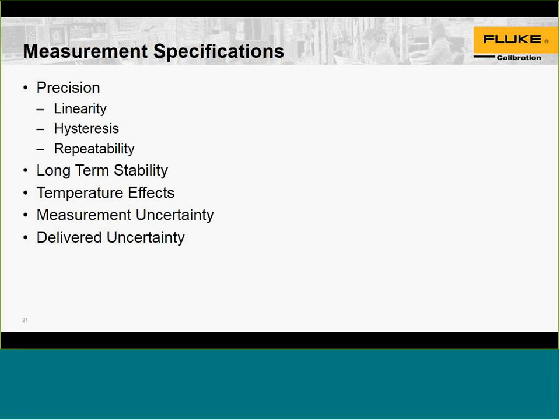So that is how an instrument controls pressure, and some specifications related to pressure control. Now let's discuss how an instrument measures pressure. Typically, the specification of a sensor comprises linearity, hysteresis, repeatability, temperature, the measurement uncertainty, and the delivered pressure uncertainty.